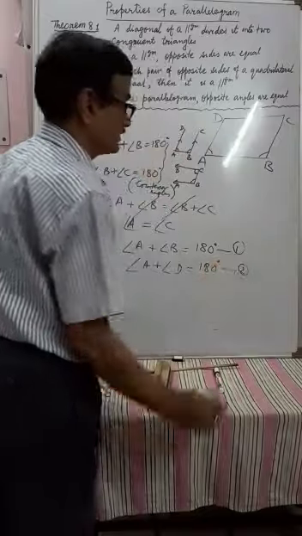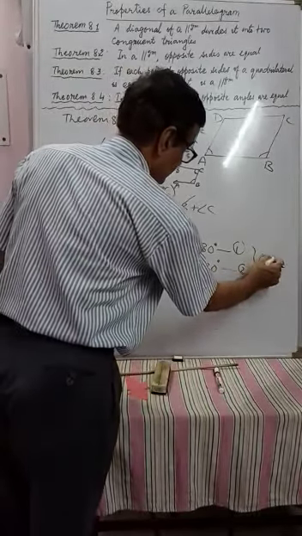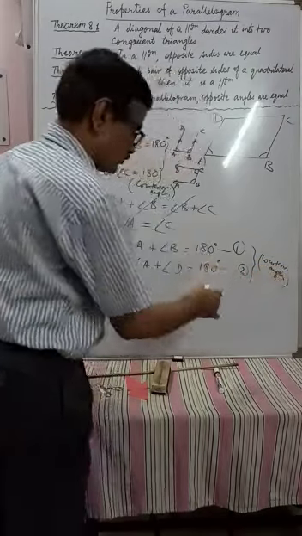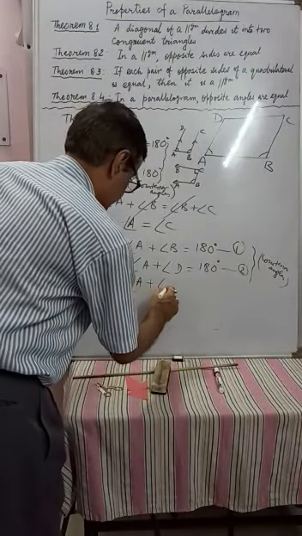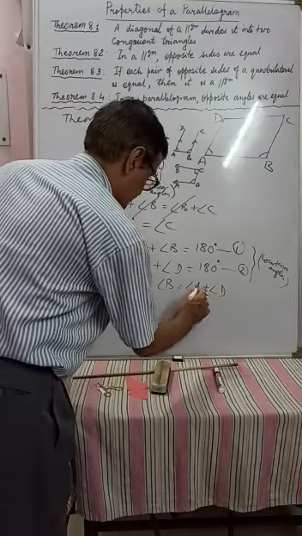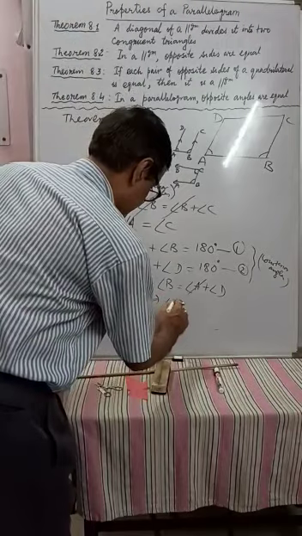Suppose this is equation 2. The reason for both is the same, co-interior angles. So from these two we can say again angle A plus angle B is equal to angle A plus angle D. Now from both the sides angle A cancels, so that means angle B is equal to angle D.